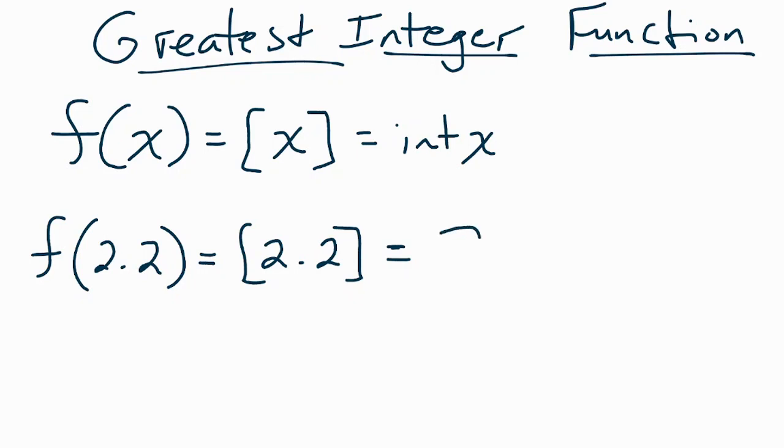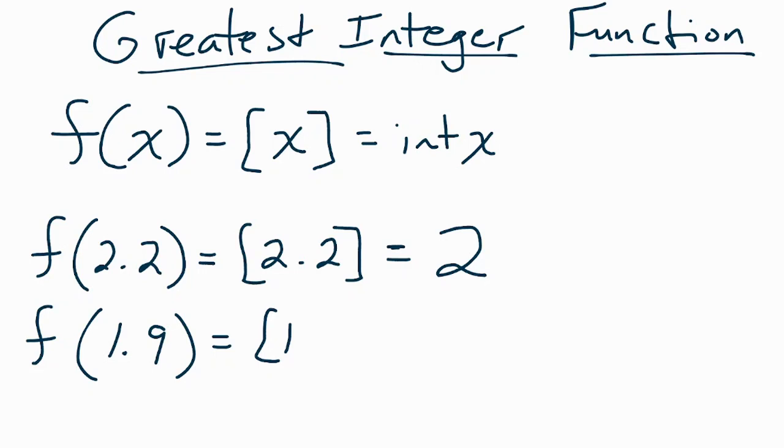Well, it would be the number 2. How about the greatest integer that is not greater than 1.9? Again, we're looking for a number. It's the greatest number. It's an integer, but it's not going to be greater than 1.9.